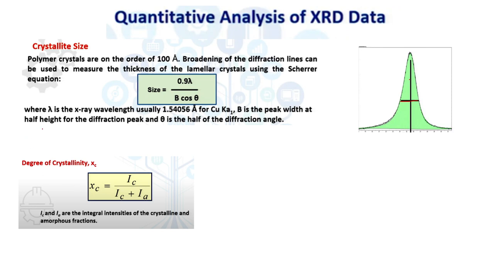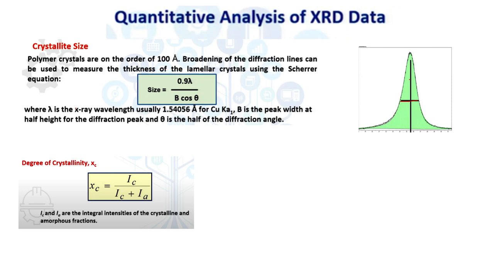We can also measure the crystallite size from the Debye-Scherrer law. So what is the size? Size is equal to 0.9 lambda by beta cos theta, where lambda is the wavelength of the incident X-ray. For Cu K alpha it is 1.54 angstrom, and beta is the full width at half maxima.